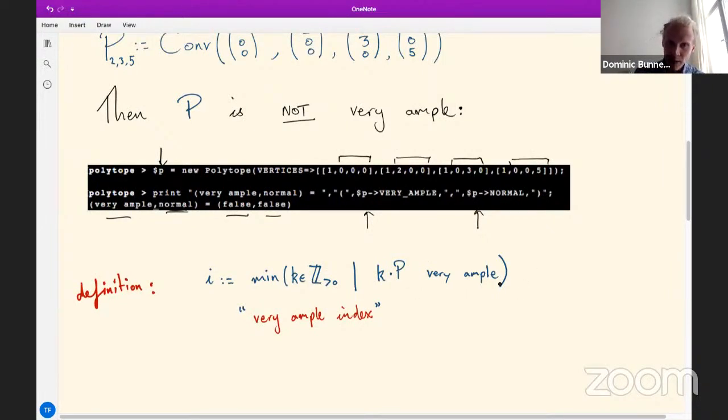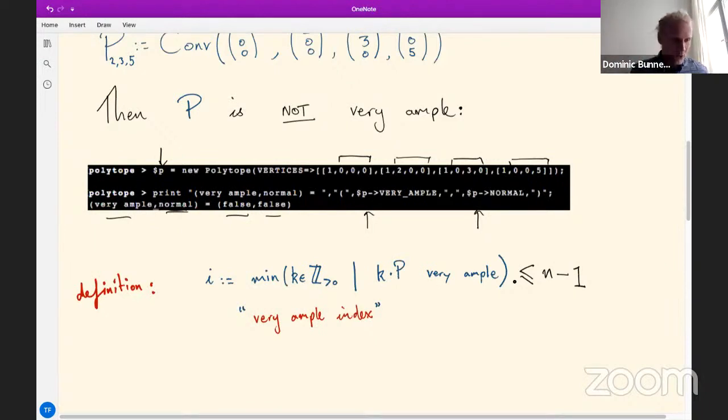As we've seen before, this is less than or equal to n-1, where n is the dimension, because once we scale it by n-1, it's normal. We're going to call this the very ample index. This is essentially how many times you have to dilate before you end up with something very ample. On the algebraic geometry side, this is the power of the line bundle you have to tensor it by to get very ampleness.